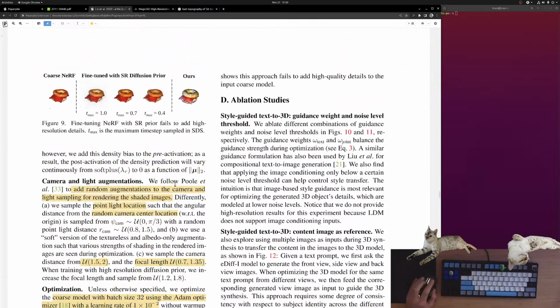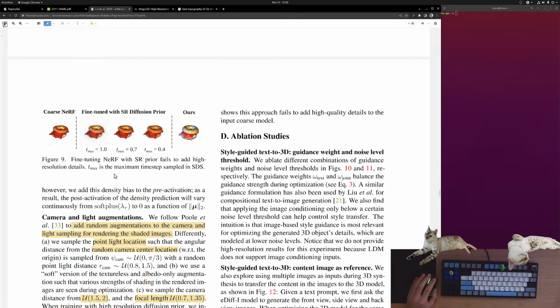Where's figure 9? Fine-tuning the NeRF with super resolution prior fails to add high resolution details. T_max is the maximum timestamp sampled in SDS.